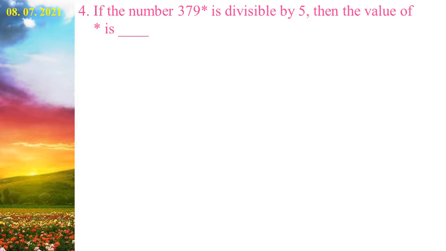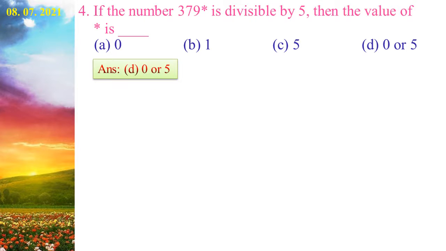Next question. If the number 379 star is divisible by 5, then the value of star is dash. Option A 0, option B 1, option C 5, option D 0 or 5. Which is the correct answer? Yes. Option D 0 or 5.